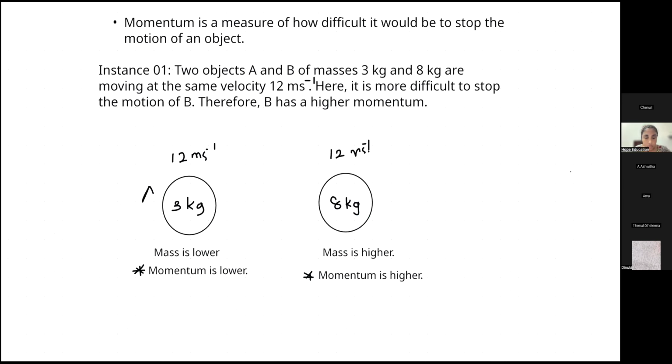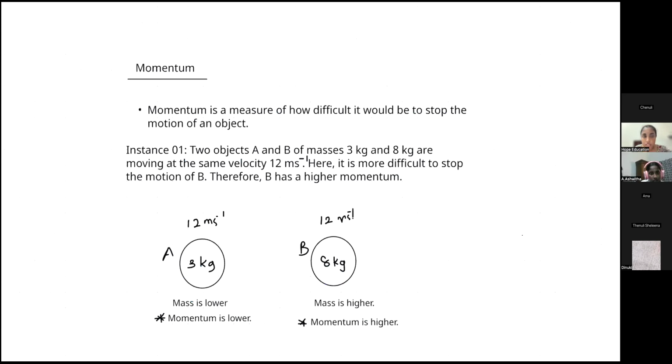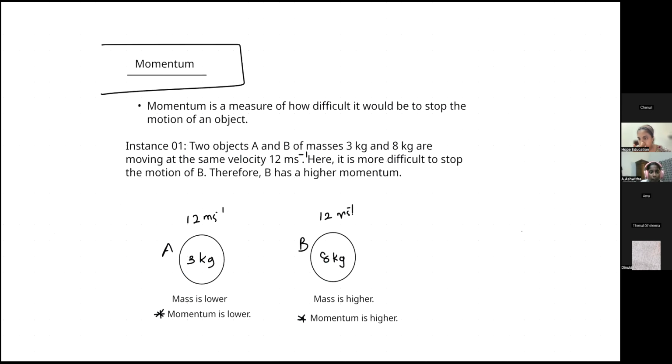Teacher, can you say from where we have to write? From this topic, momentum. Okay, teacher, because I left and came. Right, okay. From momentum.